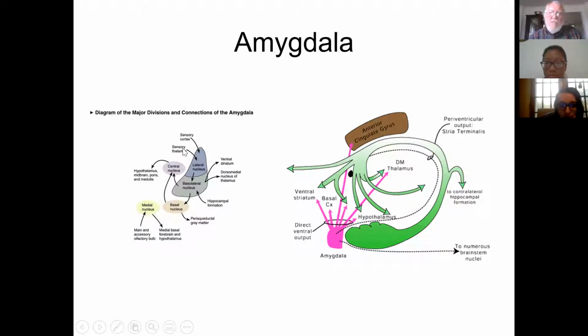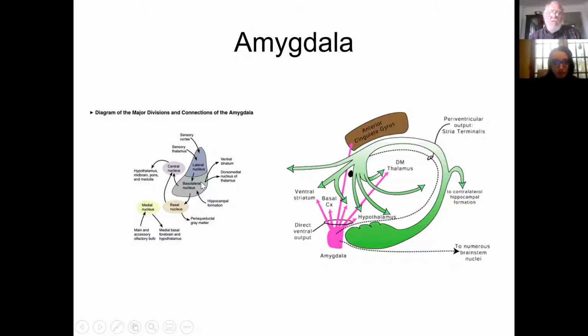It's getting information from VPL and VPM, lateral geniculate, medial geniculate thalamus, then from the sensory cortex, and then that information goes out to the thalamus. So what you can see here is a cortico, limbic, thalamic pathway, and then, as you know, the dorsomedial nucleus of the thalamus goes back up into the frontal cortex. So you have this very big loop among the cortex, the amygdala, and the dorsomedial nucleus of thalamus.